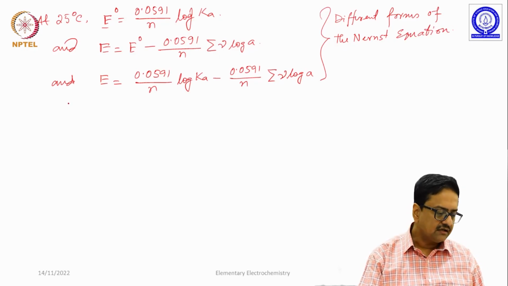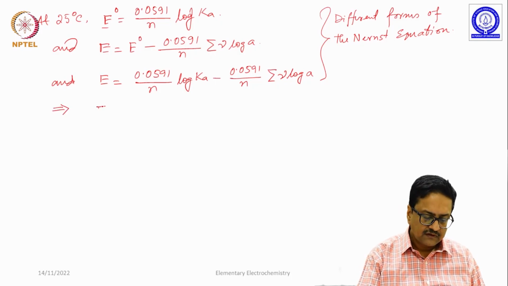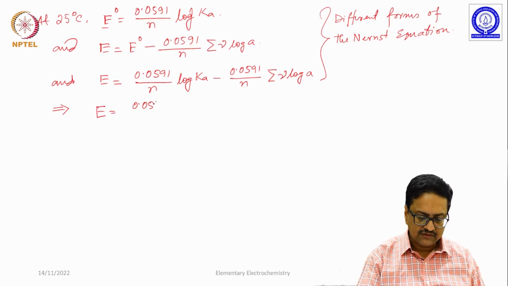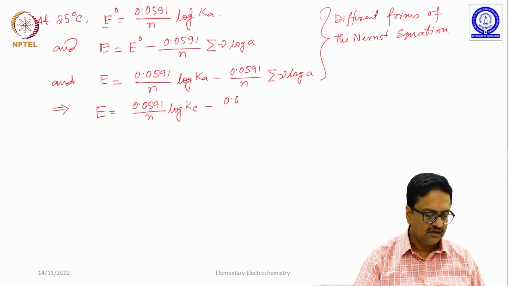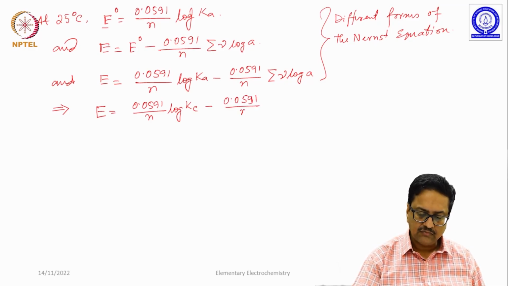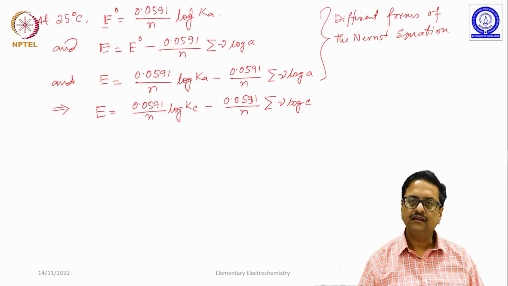So then one can approximately write in terms of concentration E equal to 0.0591 by n log Kc minus 0.0591 by n sum over nu log C, right?